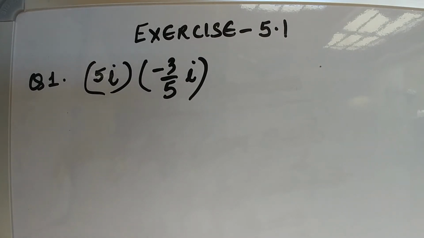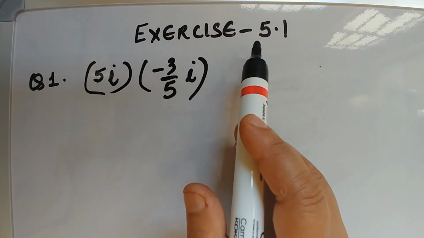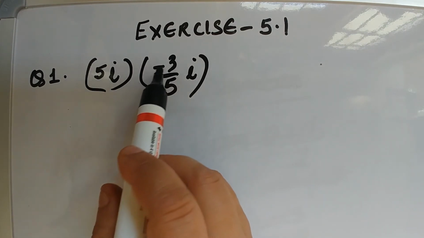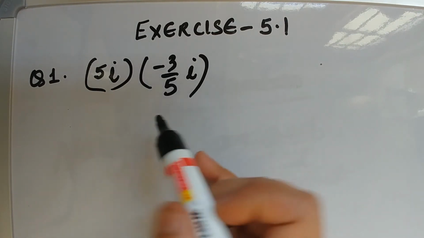The question number 1 of exercise 5.1 says, express each of the complex numbers given in these exercises in the form of a plus iota b. A plus iota b, that is the standard form of a complex number. So the first question says that you have to solve 5 iota and minus 3 by 5 times iota.